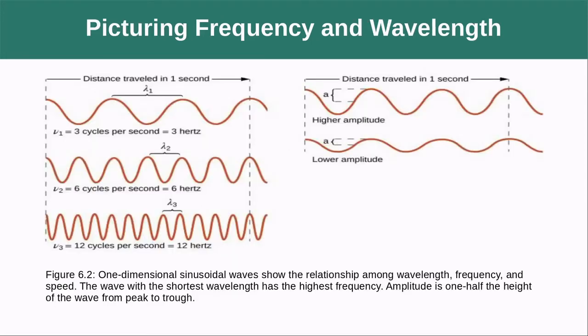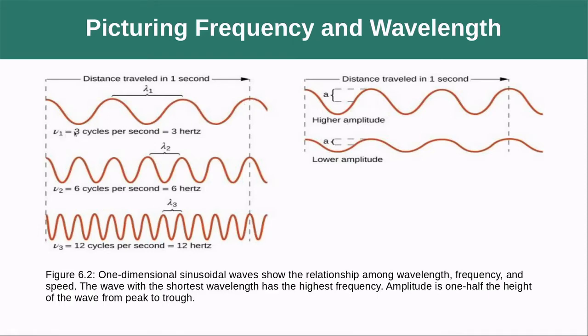So let's see if we can kind of picture this a little bit. So here I have a distance traveled in 1 second. Okay, you can see here that a wavelength is from one peak to another. All right. So in this distance, we have traveled 1, 2, 3 wavelengths.